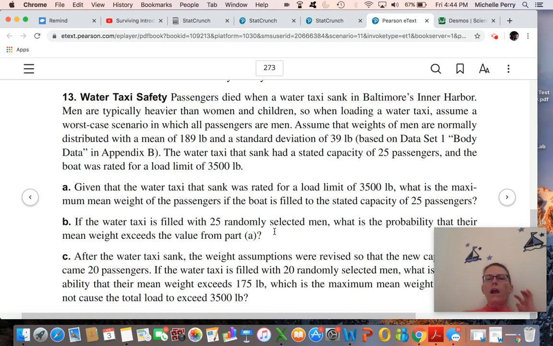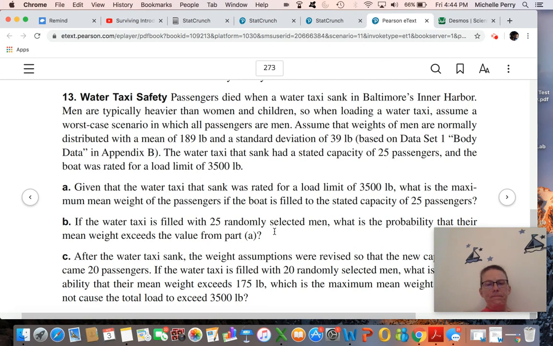So when loading a water taxi, we're going to assume a worst case scenario in which all the passengers are men. Assume that the weights of men are normally distributed with a mean of 189 pounds and a standard deviation value of 39 pounds. The water taxi that sank had a capacity of 25 passengers, and the boat was rated for a load limit of 3,500 pounds.